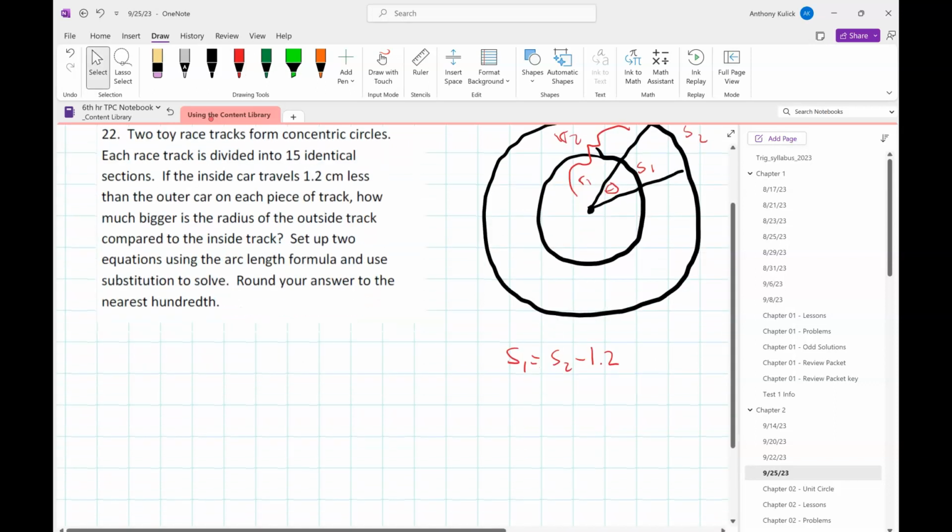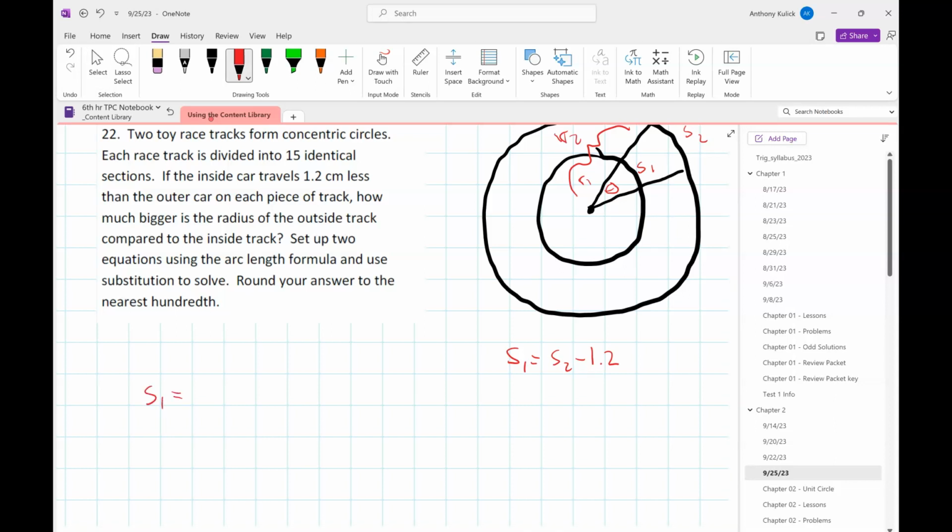Now what I'm going to do is set up 2 equations. I'm just going to use the arc length formula.